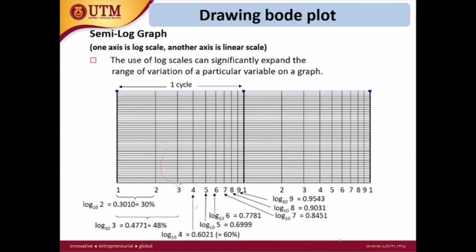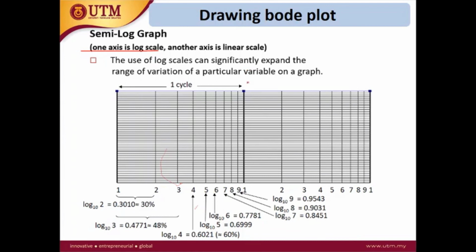Okay, so you may notice that the x-axis in the Bode plot is not a normal linear scale. For the x-axis, we use a log scale. The use of a log scale can significantly expand the range of variation of a particular variable on a graph.